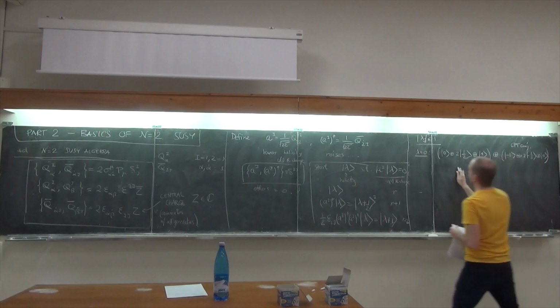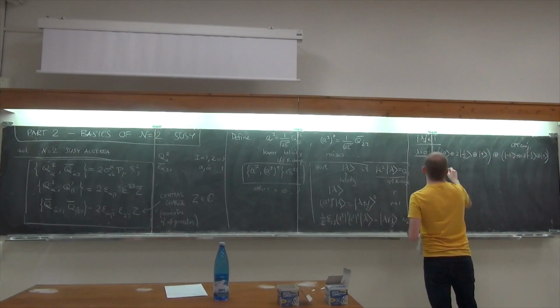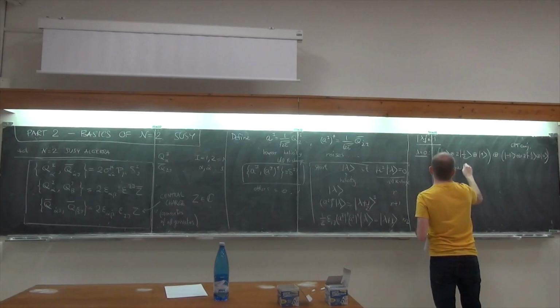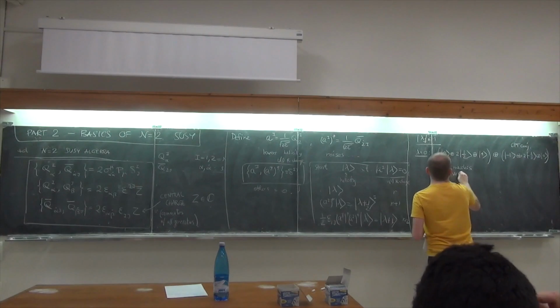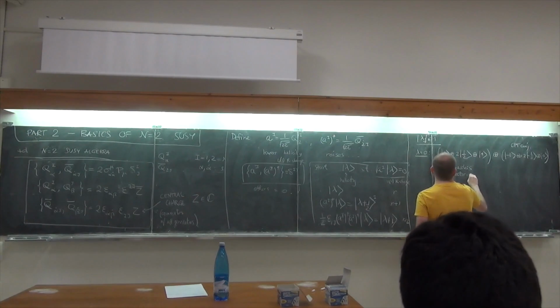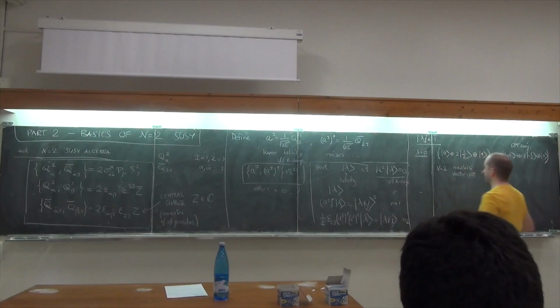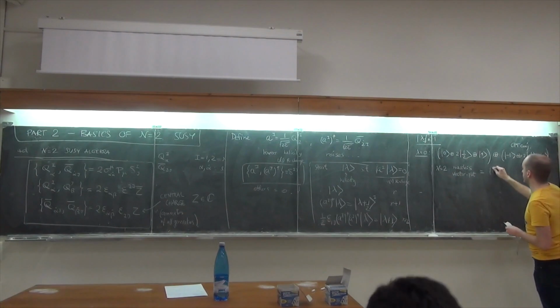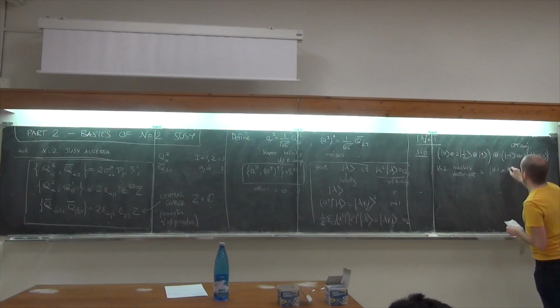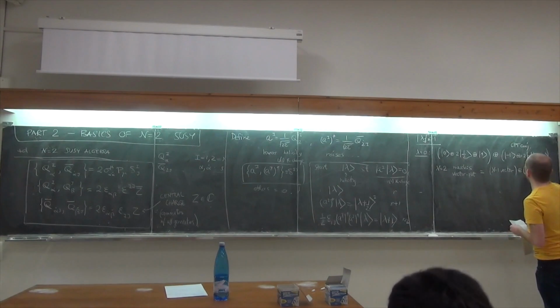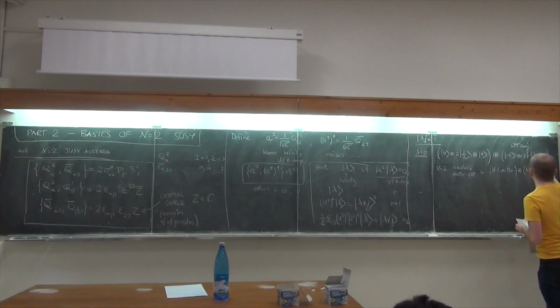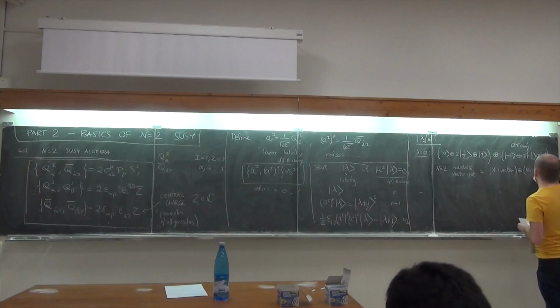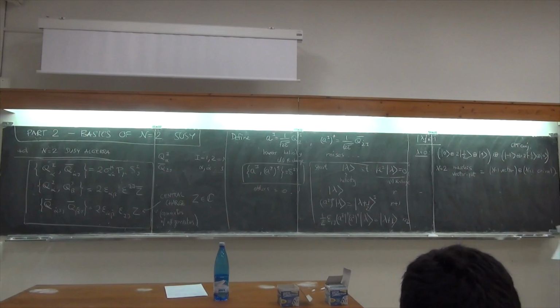This is the N=2 massless vector multiplet. We can rewrite it in terms of N=1 multiplets as an N=1 vector plus an N=1 chiral in the adjoint representation.